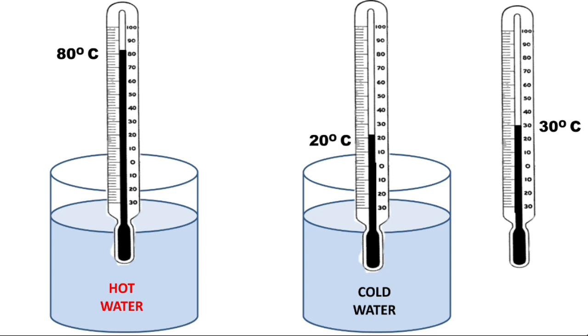Let it be 20 degrees Celsius. The steadiness of the mercury column of the thermometer indicates that the flow of heat between the thermometer liquid, mercury, and water has stopped. Thermal equilibrium has been attained between the water and the thermometer liquid, mercury.